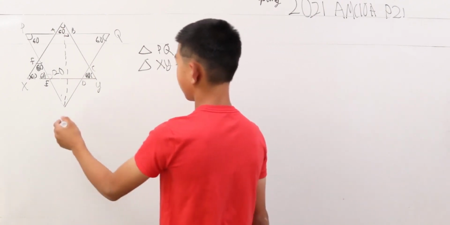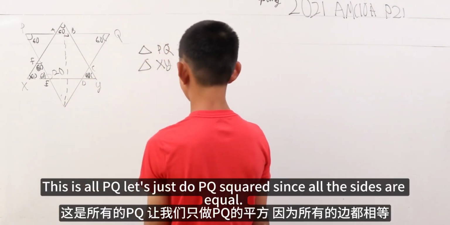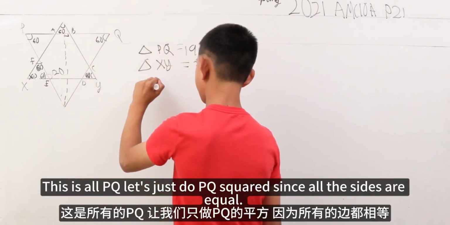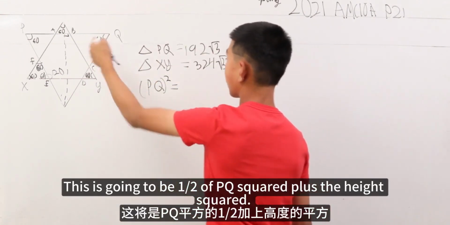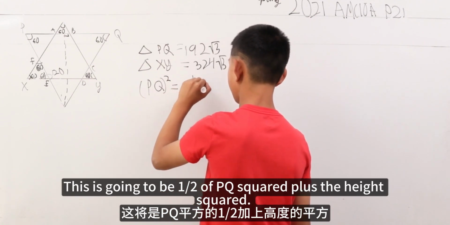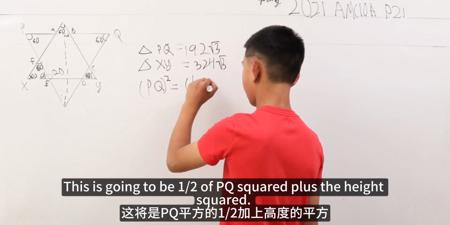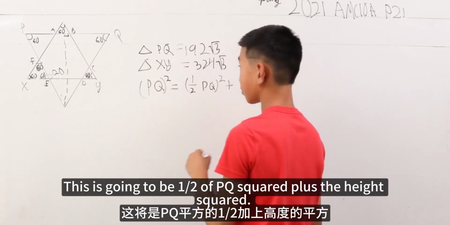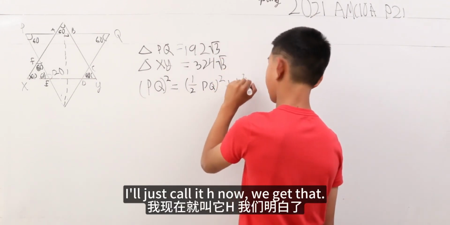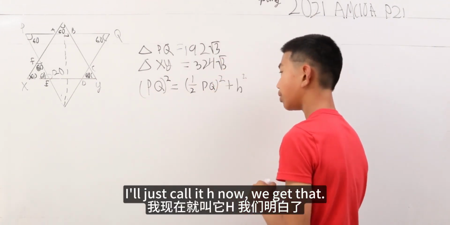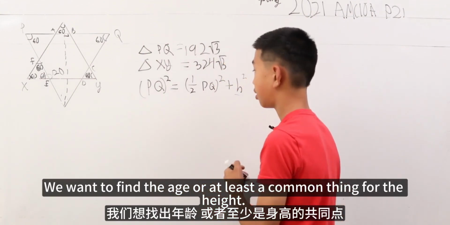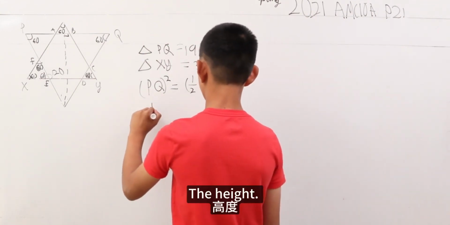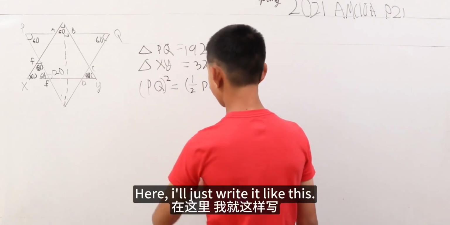So this is all PQ. Let's just do PQ squared, since all the sides are equal. This is going to be 1/2 of PQ squared plus the height squared. I'll just call it H.